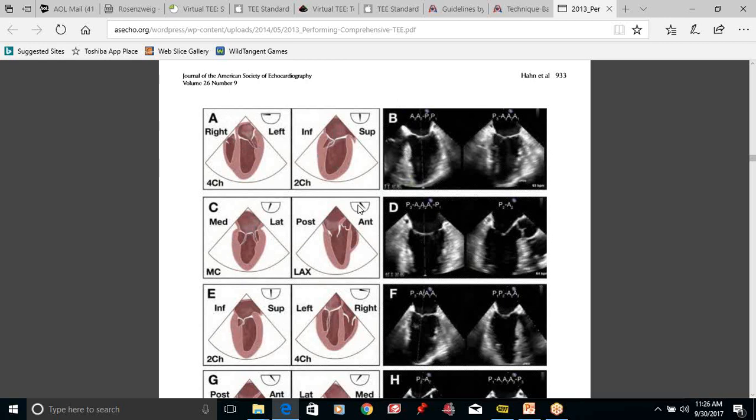At about 125, 130 degrees, say 130, 135 degrees, you get your nice long axis view. You can see the aortic valve, the aortic root and the ascending aorta, the anterior mitral leaflet, left atrium, posterior mitral leaflet, and left ventricle. So this is a very important view. So it's about 130, 135 degrees.